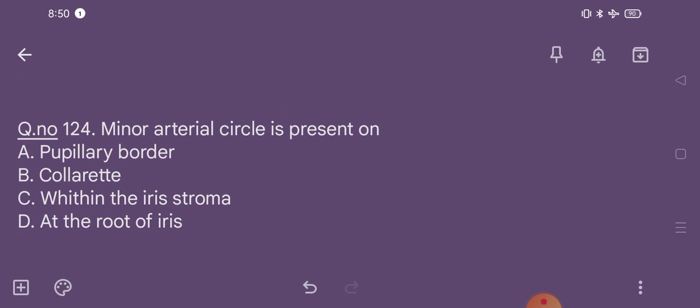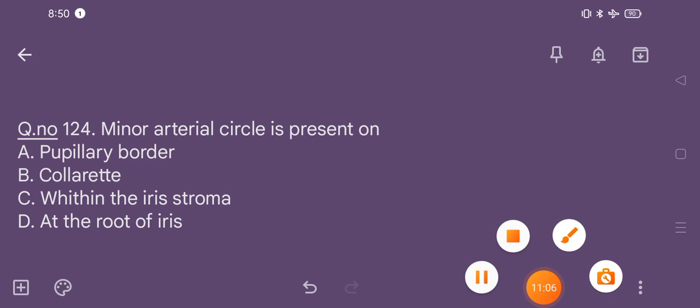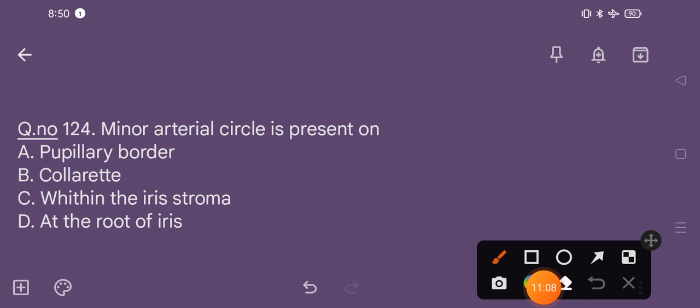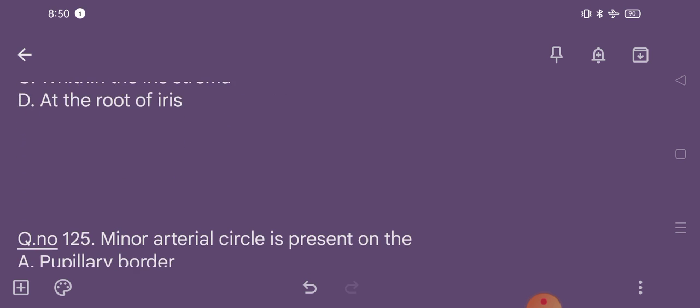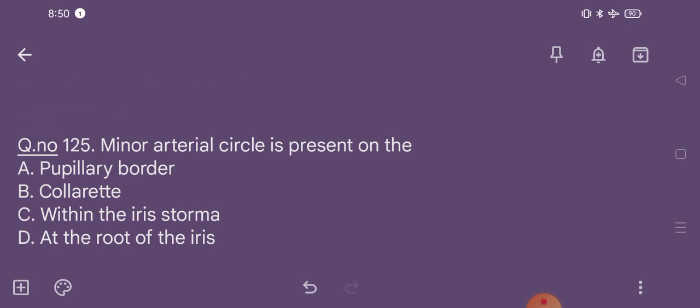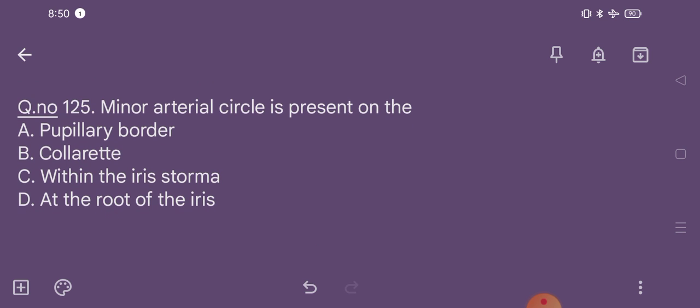Question number 124. Minor arterial circle is present on: option A, pupillary border; option B, collarette; option C, within the iris; option D, at the root of iris. The correct option is option B. Question number 125.